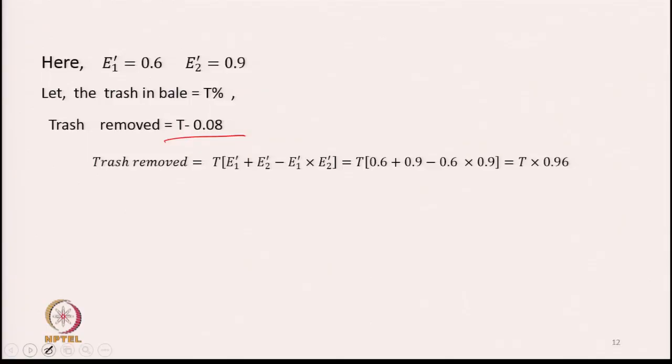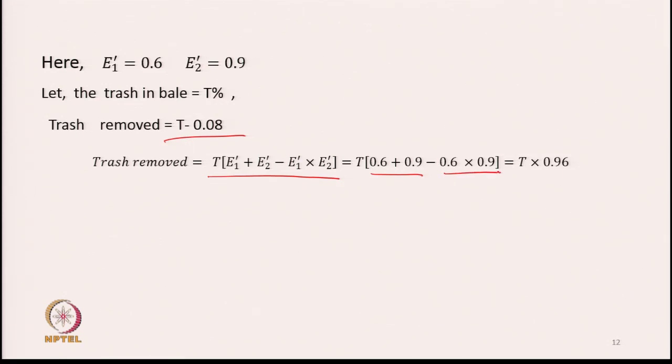Trash removed is T into E1 dash plus E2 dash minus E1 dash into E2 dash. That is, if we simplify the previous formula that was shown earlier, we can get this expression for trash which has been removed. So, in this case, trash removed will be T into 0.6 plus 0.9 minus 0.6 into 0.9.